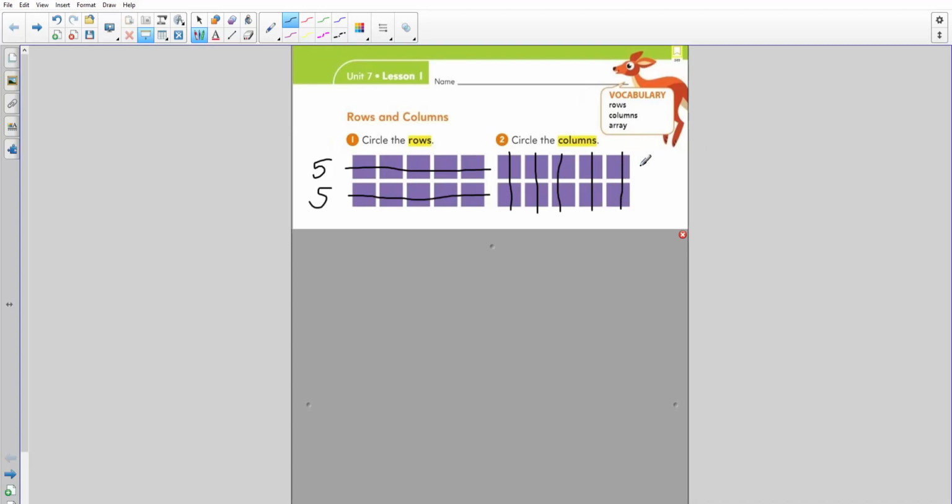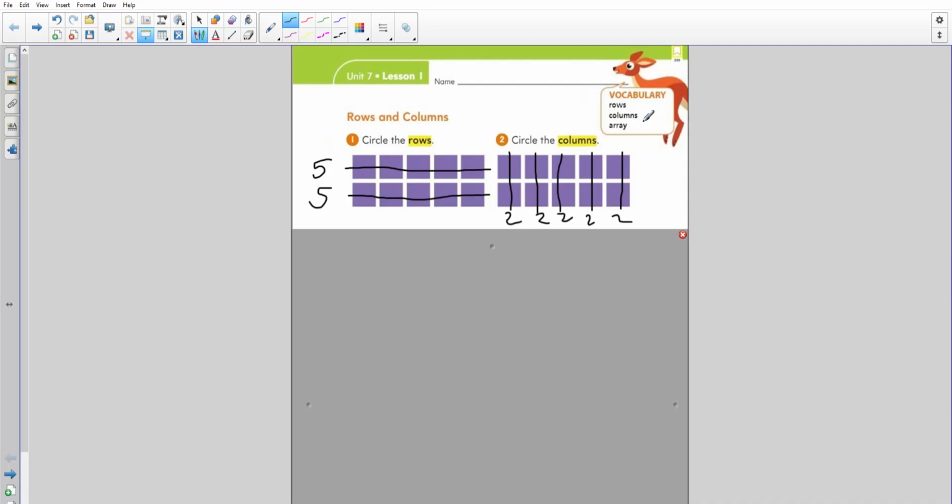Now each column is exactly the same length. They are going to be equal. There are none that are going to be longer or shorter than others. So how many are in this column? 2, you're right. And since they're all the same, there has to be 2 in each of these. 1, 2, 1, 2, 1, 2, 1, 2.